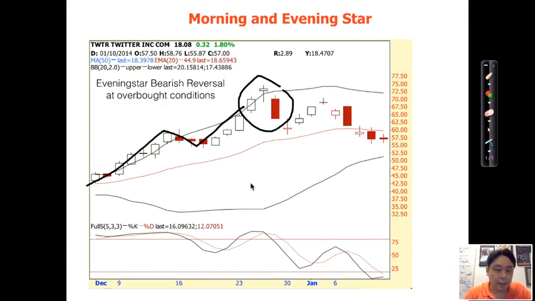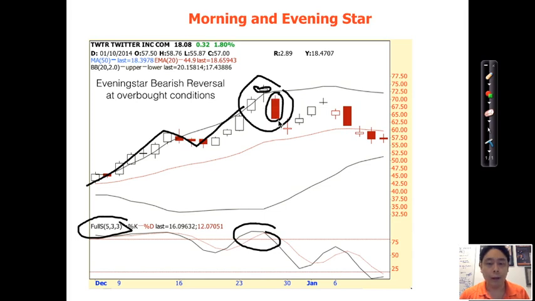Remember that? And the stochastics is overbought. It's above 80. Overbought resistance. Got to come down, right? So there you see the candlestick pattern, right? Bullish candle, gap up, small candle body, okay, gap down, boom, big bearish candle, and we see a reversal all the way down, okay?